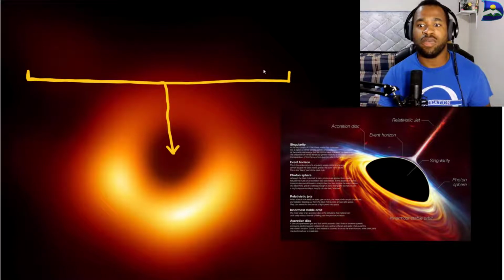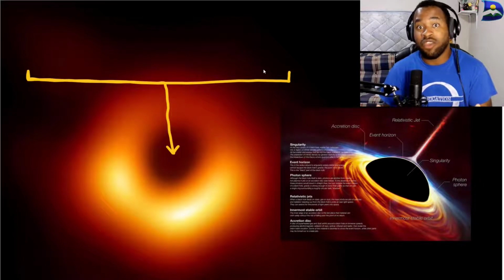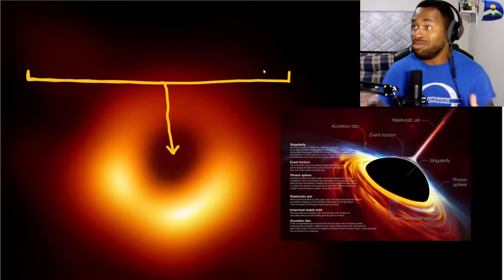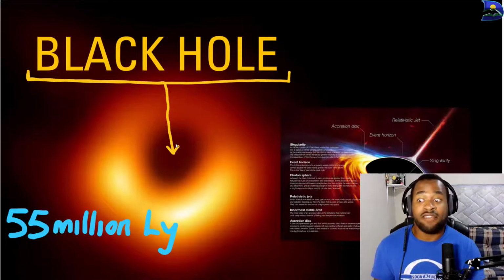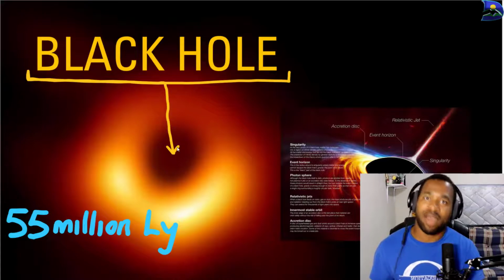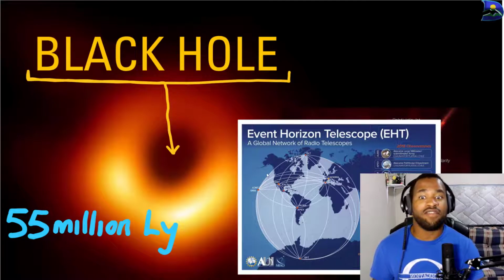This is shown to be a very impressive way by which we can see how one method can help us understand this particular phenomenon, but also what our next telescope, James Webb, is going to produce in terms of imaging in the future. This here is actually 55 million light years away from our Earth region, and this here is called the Event Horizon Telescope, which was used to generate this particular image.